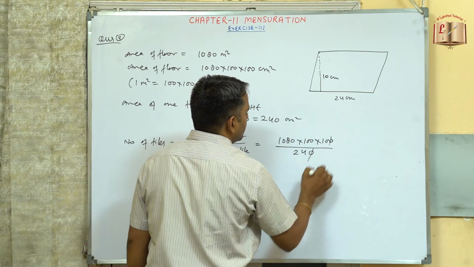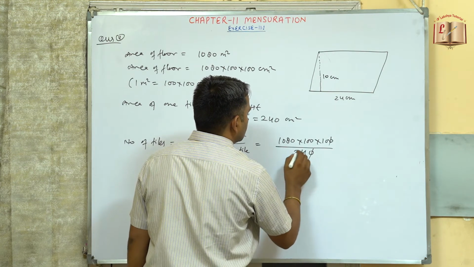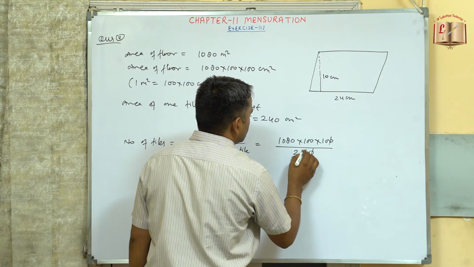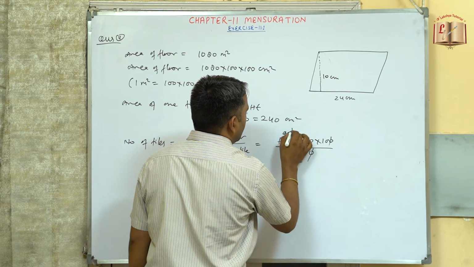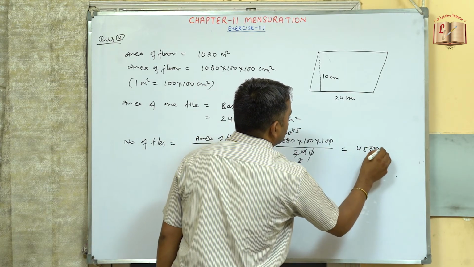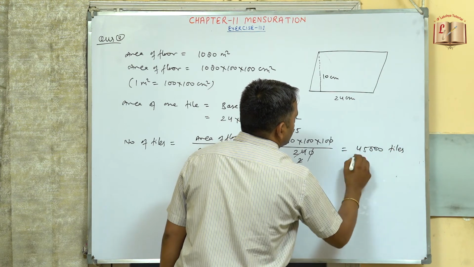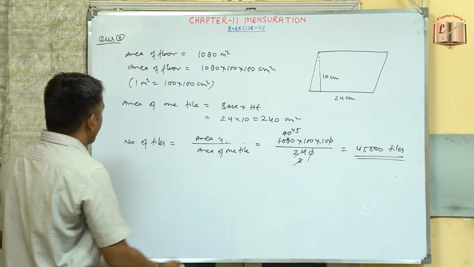Now we can simplify it. This is 12, 2 90, then this is 45. So we got the number of tiles as 45,000.